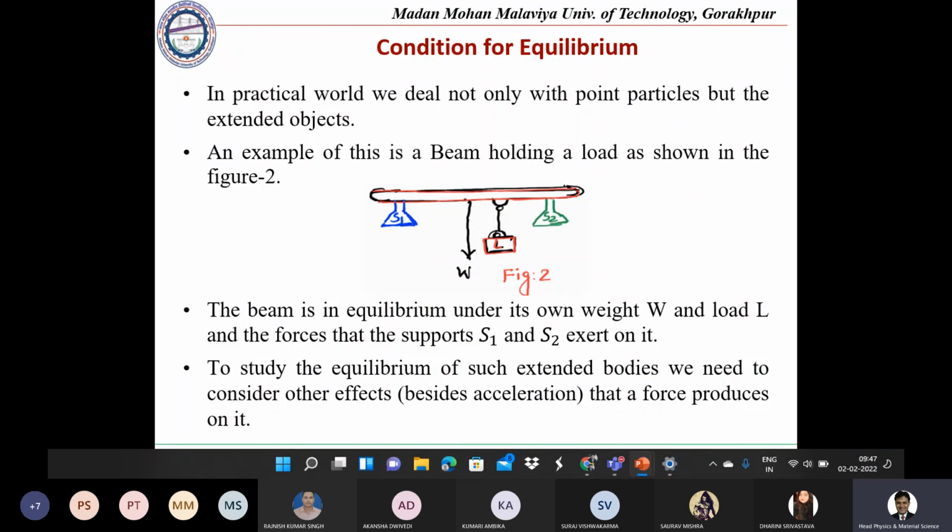Besides this force, which is responsible for the acceleration in the body, we have to consider some other thing also, which is responsible for the equilibrium of this particular rod or body. What may be the other thing? The mass. What may be the other? Center of mass or length of rod. Anything else? Please think and let me know so that I can proceed.